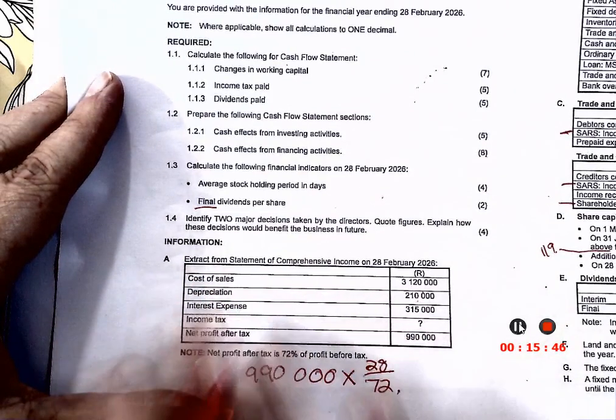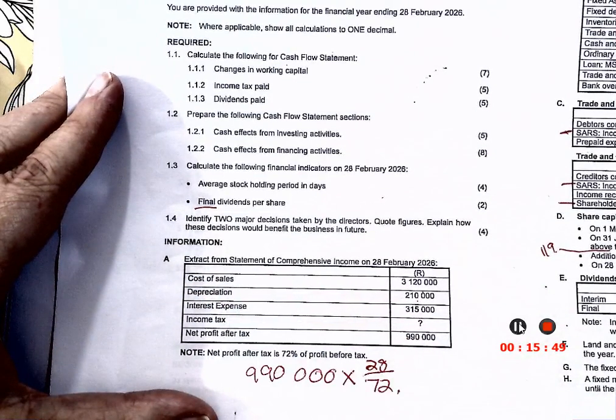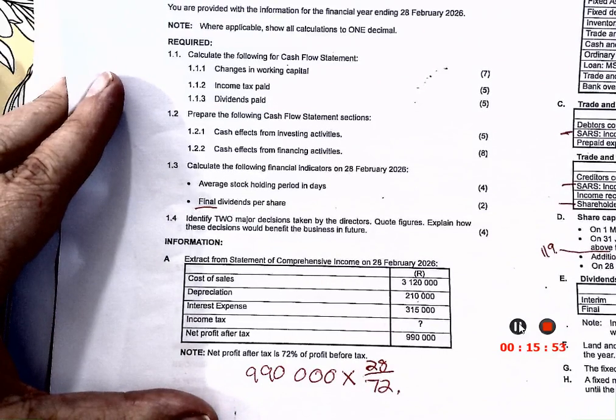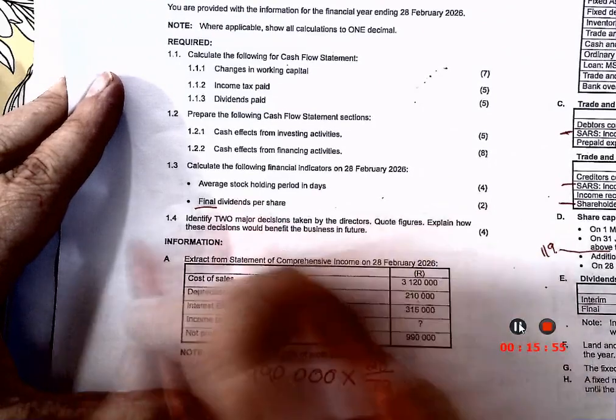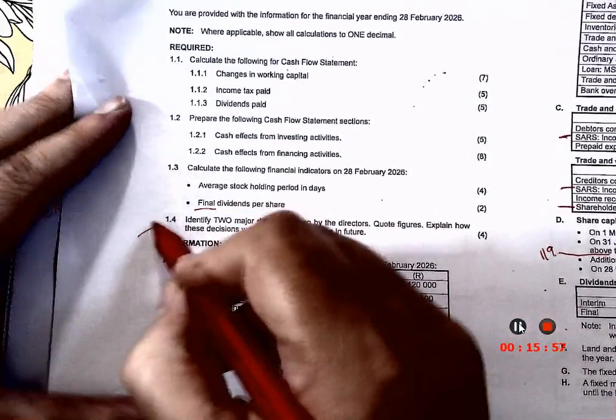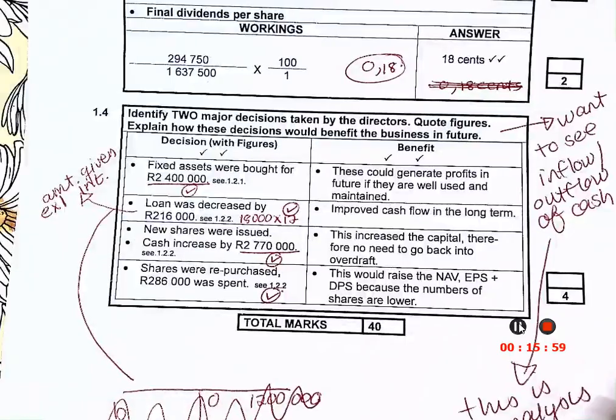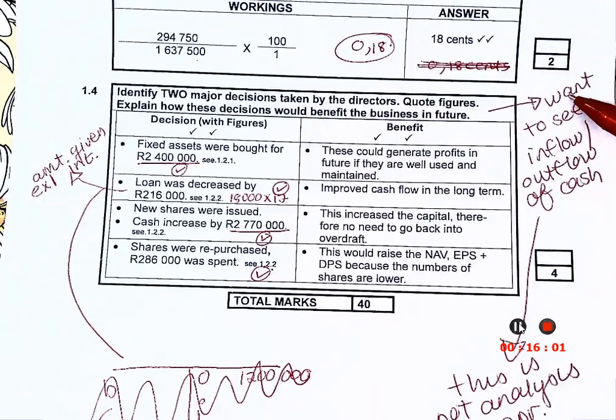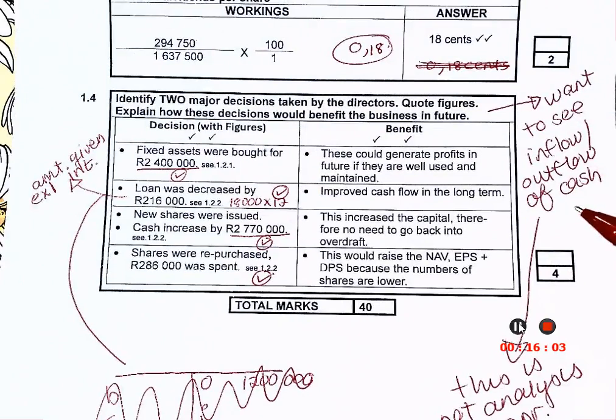They like to ask you, what are the decisions the directors made? Now, remember, what are we busy with? We're busy with the cash flow. So this is decisions about the cash. So they literally, and I wrote it here for you, they want to see the inflow or outflow of cash. They don't want to see, oh, it increased from this to this.